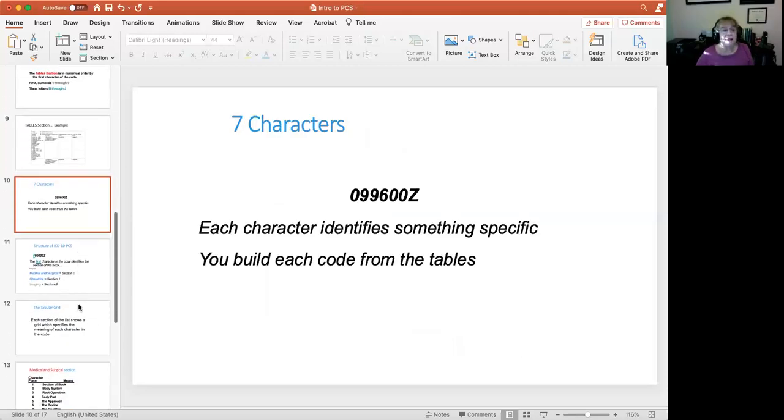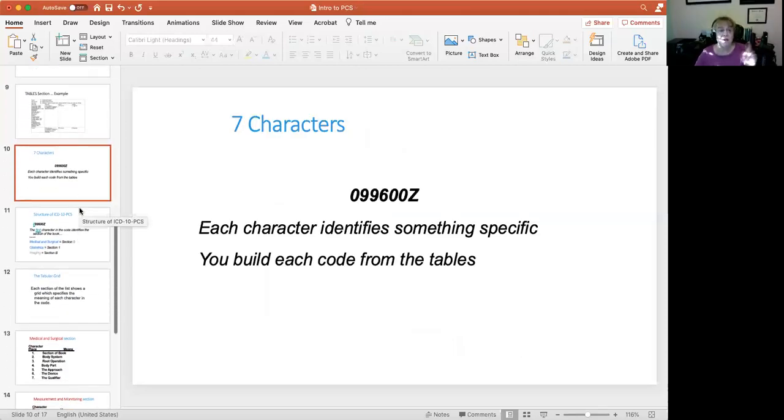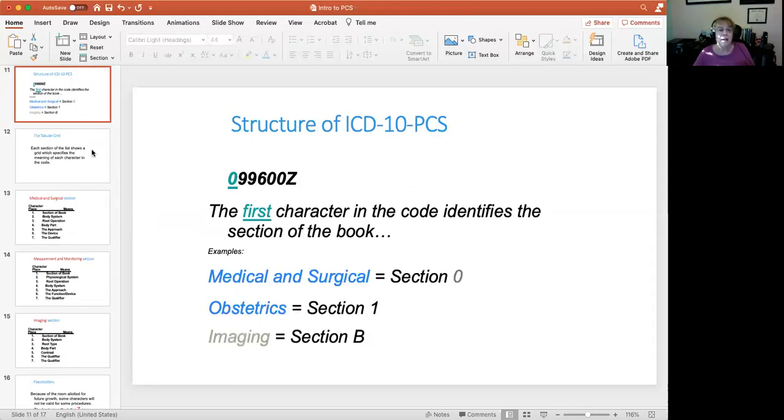Okay, so as I said, you're building each of the 7 characters, and keep your PCS book open so we can follow along. I also have a practice code for each character to show you how you're doing this, which we kind of just went over, so I'm going to do this pretty quick. The first character identifies the section of the book.